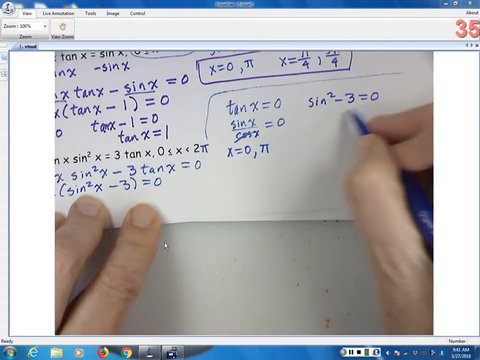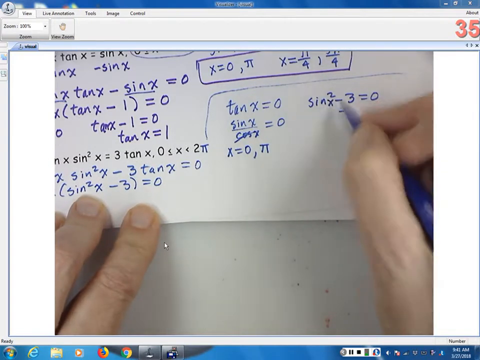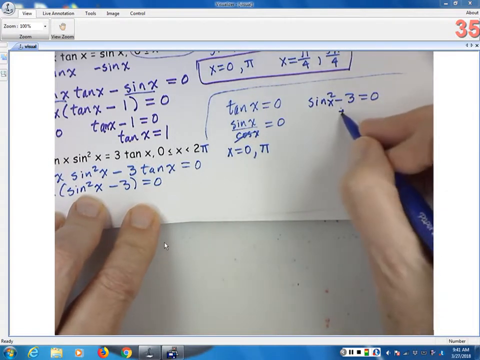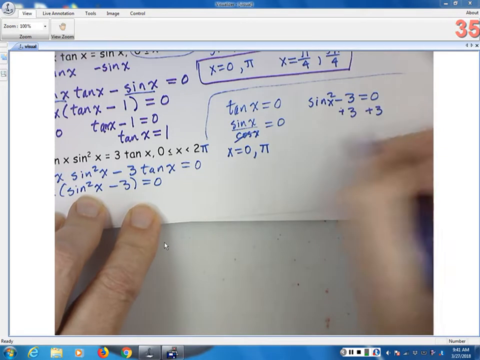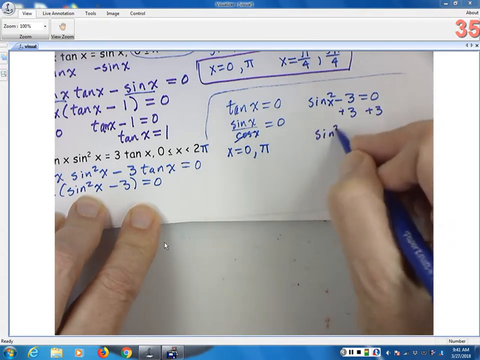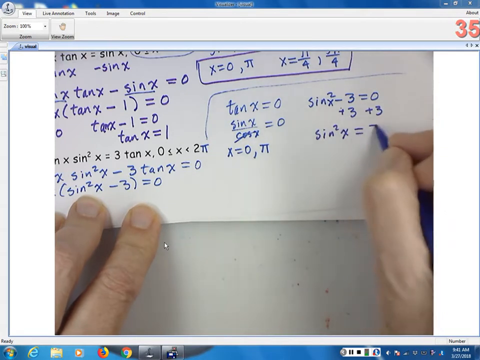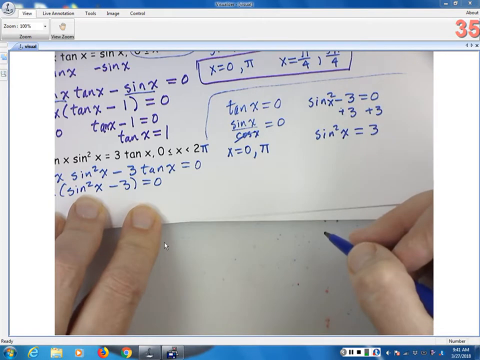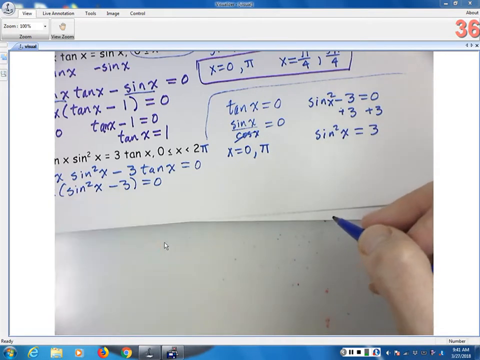We're going to use the square root property. Sine squared x equals 3. Was there a mistake?